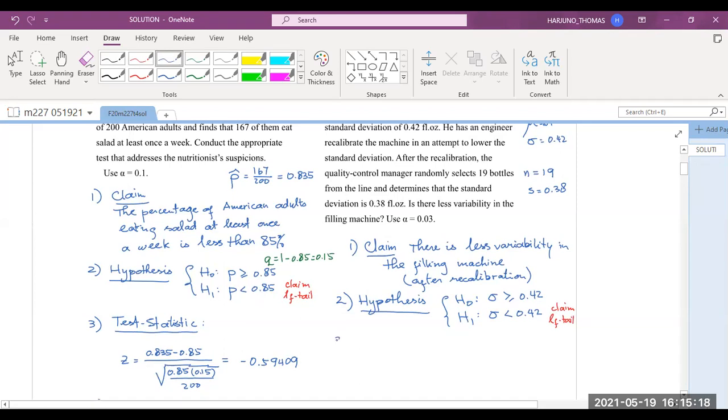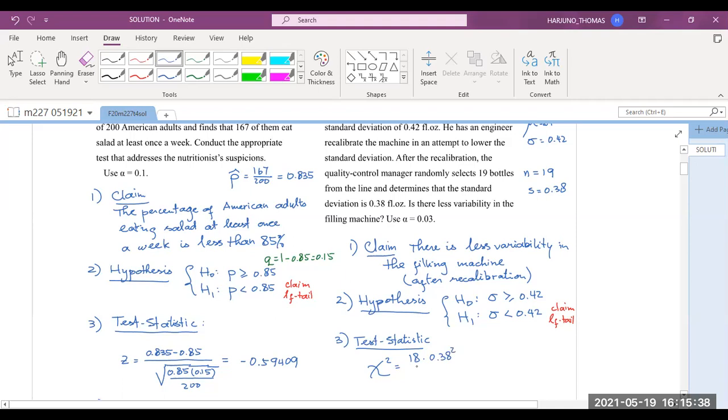Now step 3, test statistic. We are testing standard deviation. So chi-squared equals degrees of freedom times sample variance, divided by population variance.